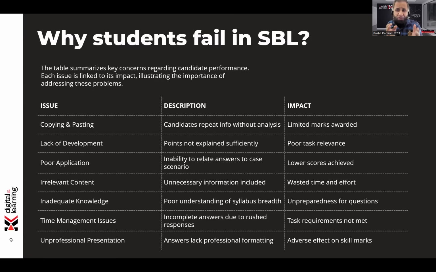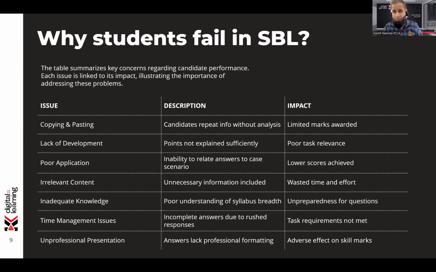I think there was a Task 2, and Task 2 was asking for advantages and disadvantages of talent management. If you don't know talent management, how would you write advantages and disadvantages if you're unaware of the topic? So at times there are questions in the paper which test your knowledge, but again, that knowledge is adapted to the scenario. But if you are unaware of talent management, if you are unaware of diversity, its advantages or disadvantages, you will struggle.